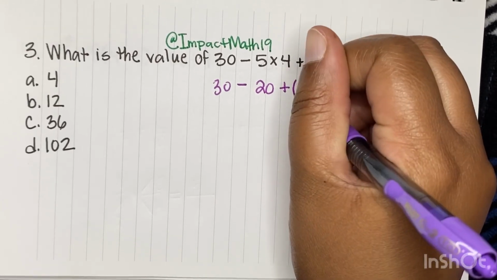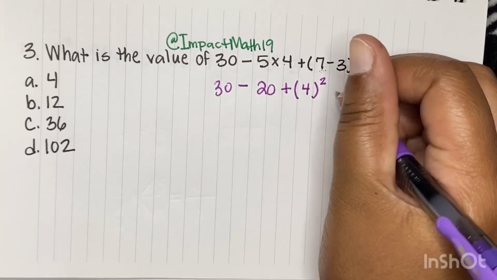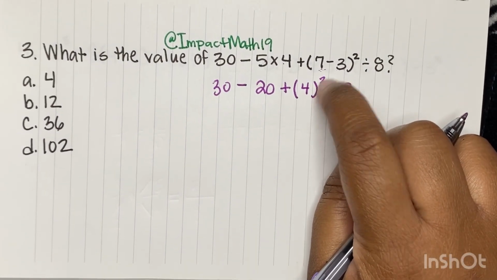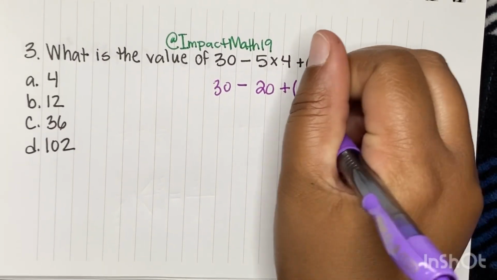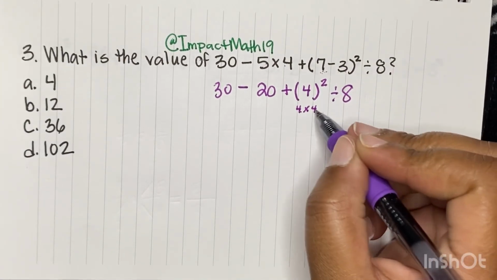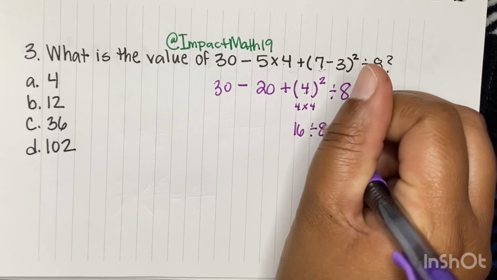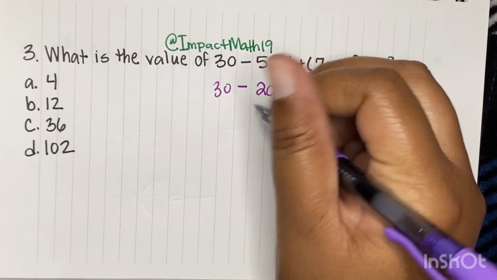We're going to keep that in parentheses because we have this squared attached to it. We're going to drop down the divided by 8. So we're going to hit this exponent up. Remember, that means 4 times 4. Okay, so 4 times 4 is 16. We're going to drop down that divide by 8 and everything else.